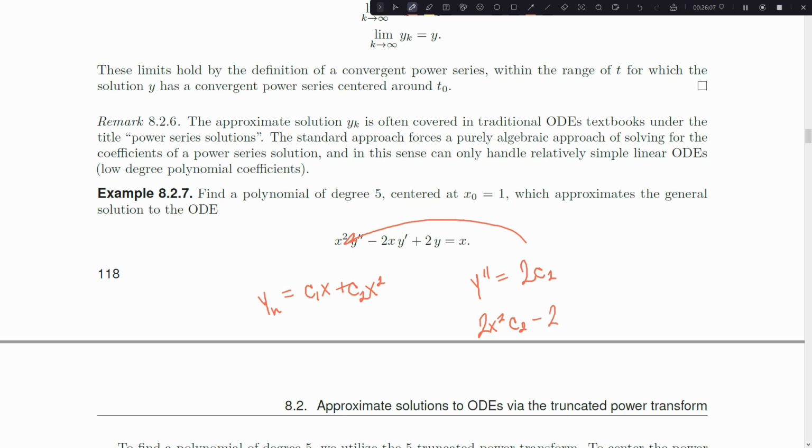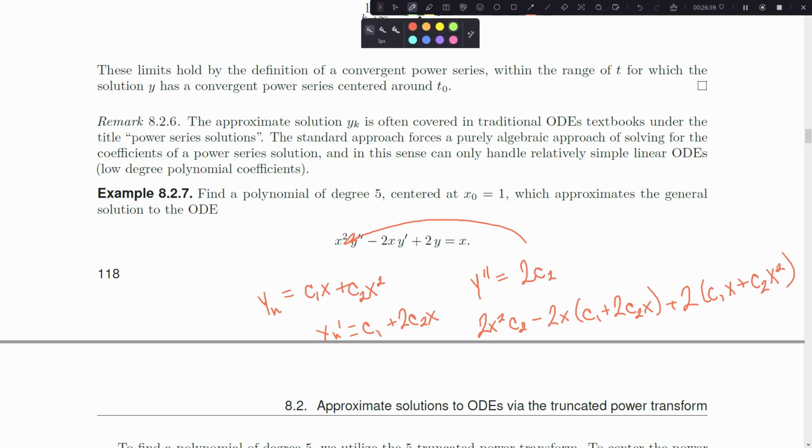And then I get minus 2x, one derivative, y_h prime, which is c1 plus 2c2x. Finally, if I plug in y_h, I get 2c1x plus c2x squared, and what we end up seeing is negative 4c2x squared plus 4c2x squared.